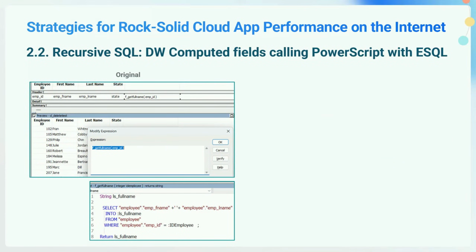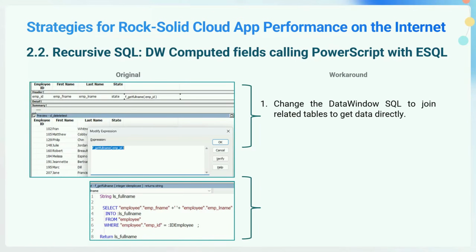Another recursive SQL scenario can happen in data windows when computed fields trigger PowerScript calls with embedded SQL. Data windows with this type of implementation can negatively impact the performance of our app when retrieving records. This happens because once the data is fetched on the client side, the PowerBuilder runtime will execute the PowerScript function record by record. In other words, recursively.